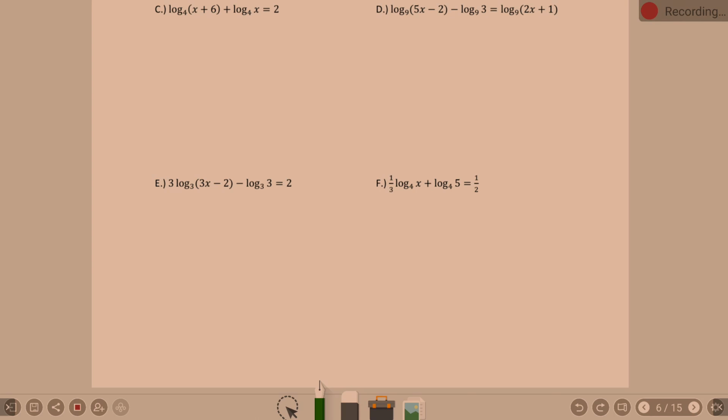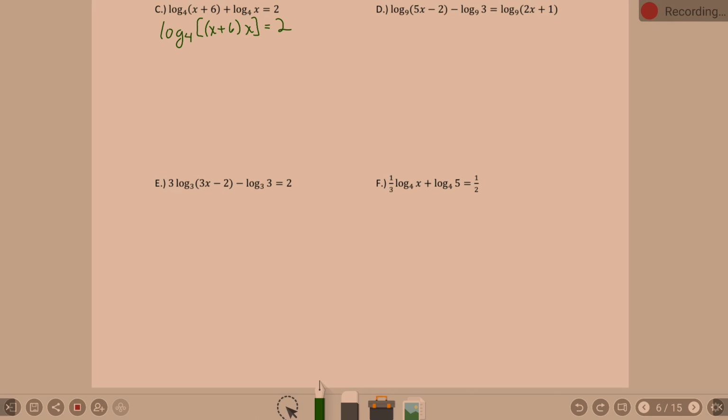The log base 4 of x. 2 logs being added can be rewritten as 1 log where the insides are multiplied. So log base 4 of, and it's x plus 6 times x equals 2.